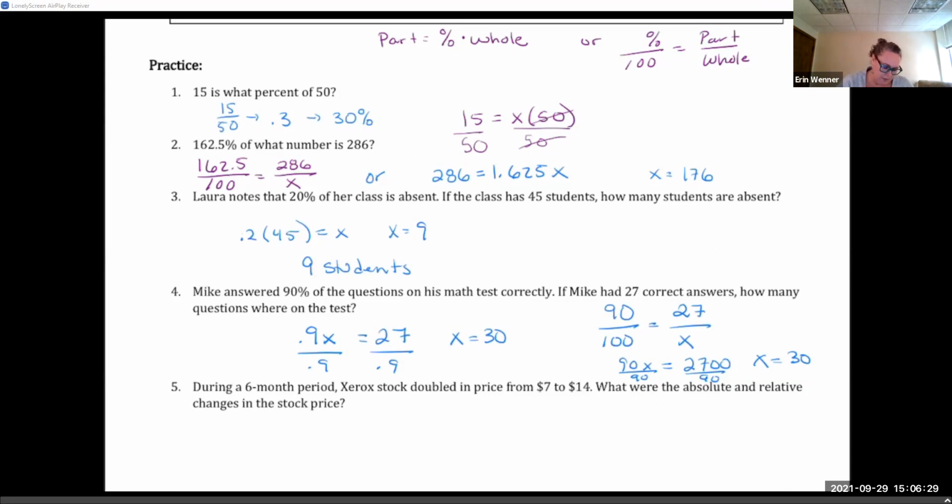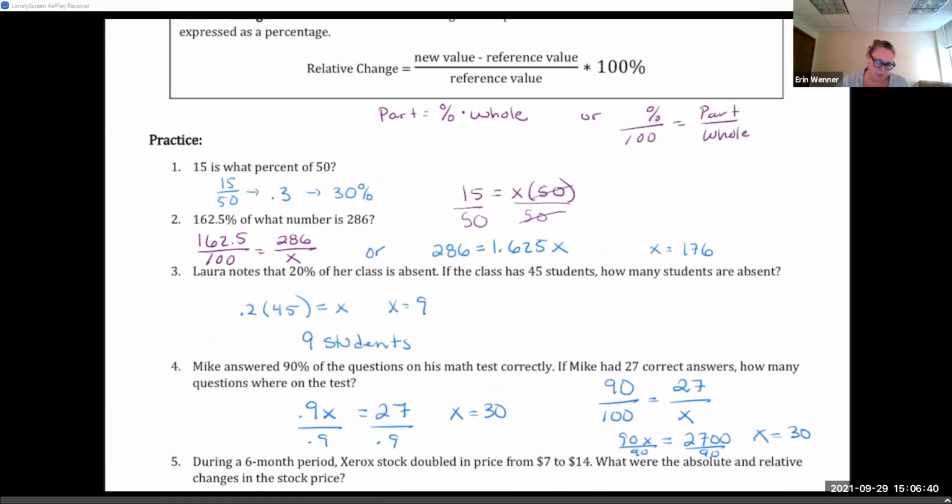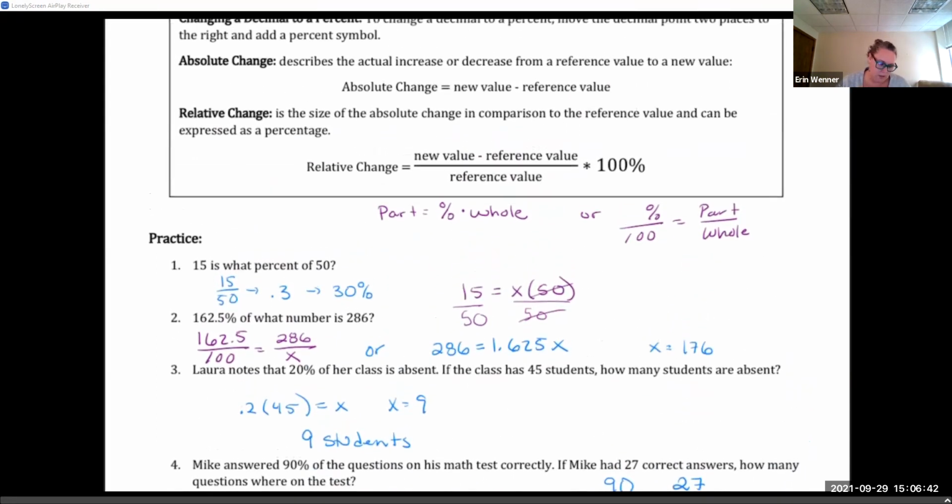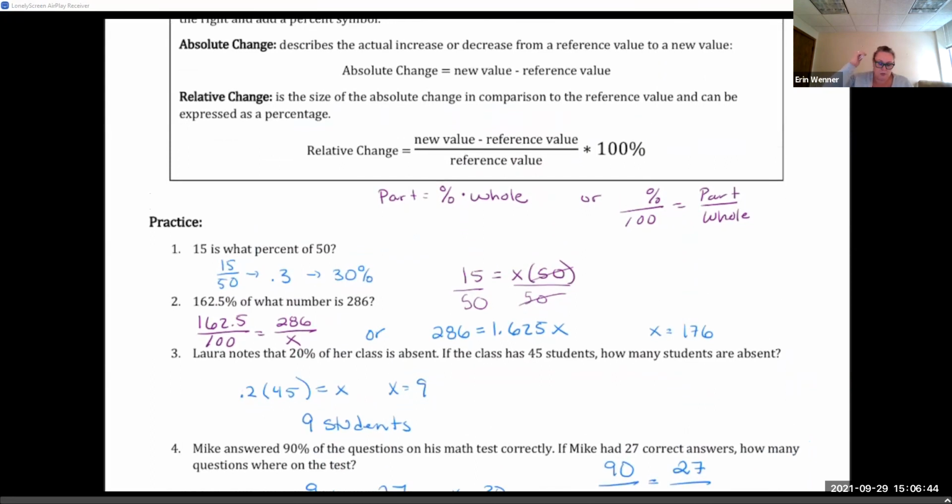Okay, so number 5 says during a 6-month period, Xerox stock doubled in price from $7 to $14. What were the absolute and relative changes in the stock price? So we're going to go back up to our little box of information. The absolute change is how much did it overall change by? You'll notice we take the new value minus the reference value.